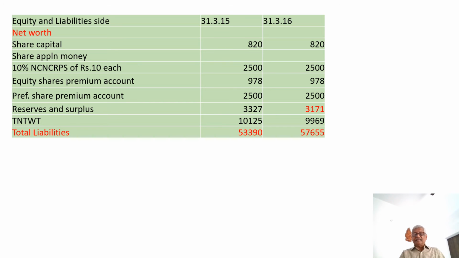When it comes to the equity and liability side, you see the decline in reserves and surplus, which is on account of the company incurring a loss of 1.56 crore. As we know, the sales of the company declined by 7% and the company incurred a loss of 1.56 crore.